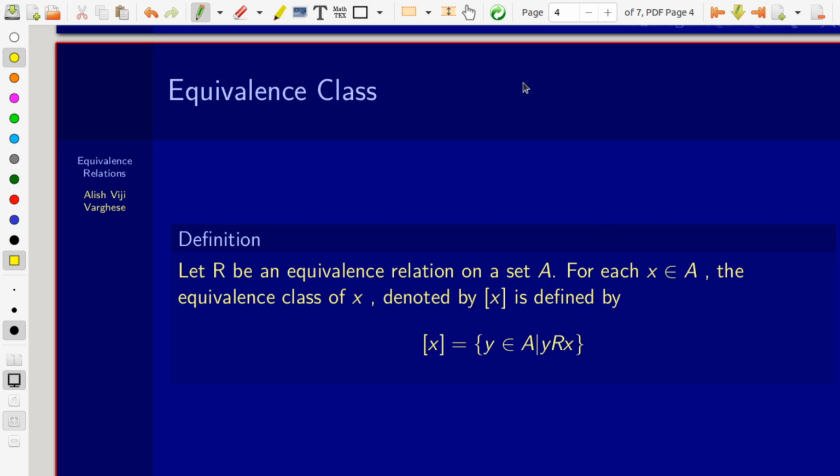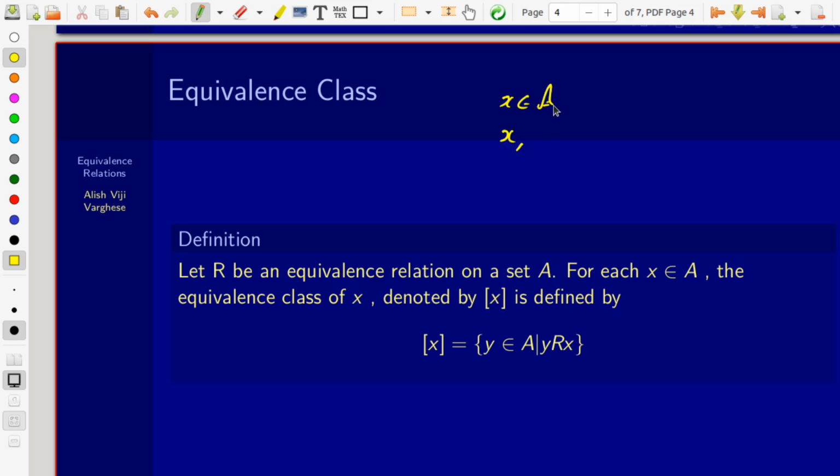So if we have an equivalence relation defined on this set A, and x is an element of A, then we collect all the elements of A which are related to x. Obviously it is reflexive, so x is related to x itself. Then there are many other elements of A which are related to x.